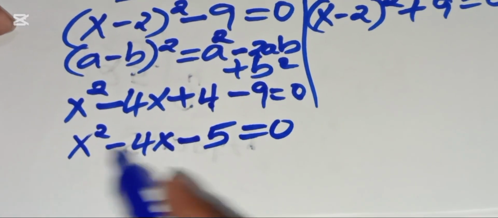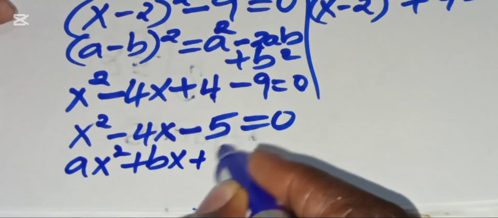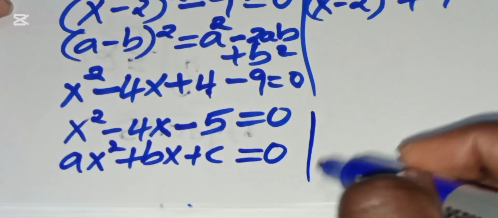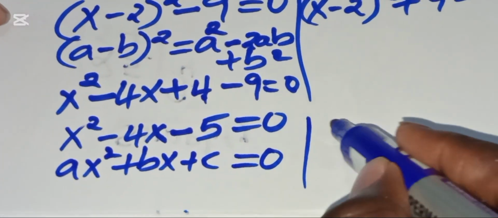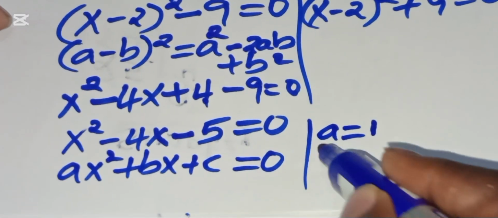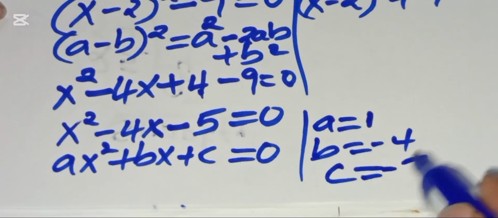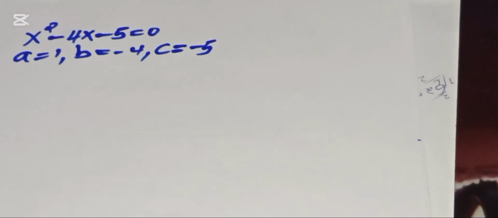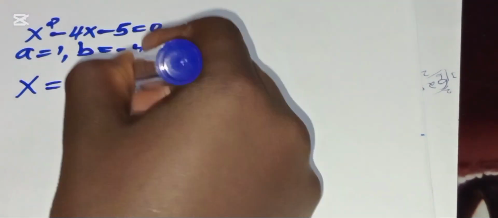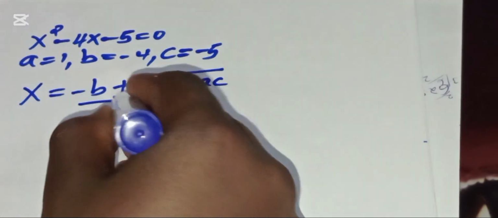So this is a quadratic equation in the form of ax squared plus bx plus c equal to 0, where a is equal to 1, b is equal to negative 4, and c is equal to negative 5. So let's solve for the value of x. Applying the quadratic formula, x is equal to minus b plus or minus the square root of b squared minus 4ac, divided by 2a.